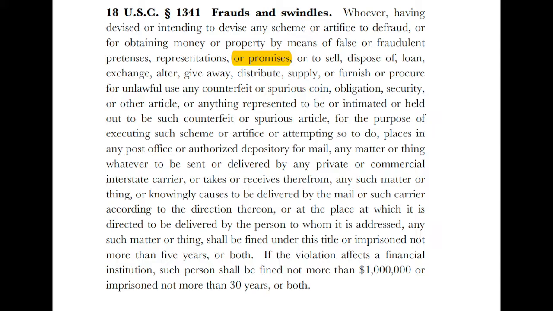And if you know anything about common law fraud, you know that generally common law fraud can't be based on promises unless there was never an intention to perform the promise, which is difficult to prove.